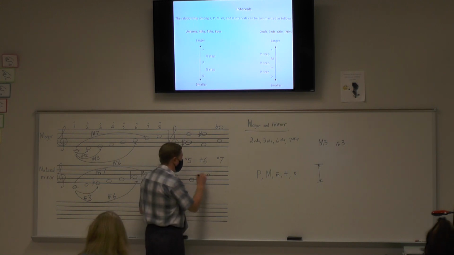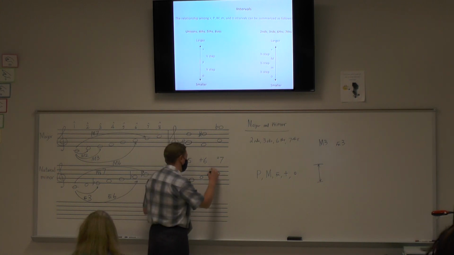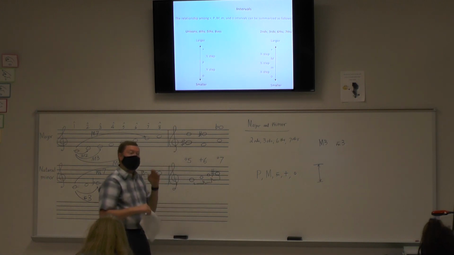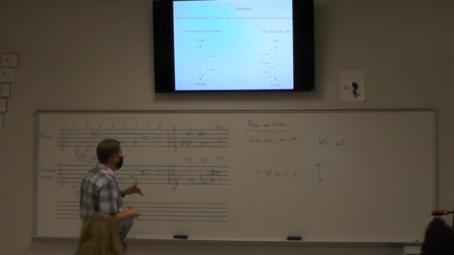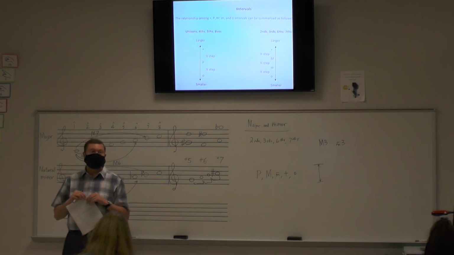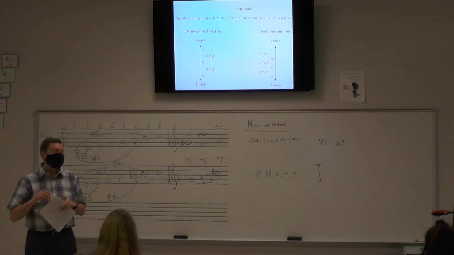B. And what note is a whole step above a B? C sharp. So you see how when you go 3 whole steps up from a note, G to C sharp, that's your tritone. 3 whole steps above any note will give you the augmented fourth, the tritone. That's kind of where that term comes from.